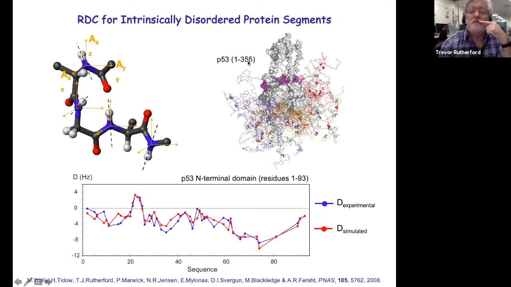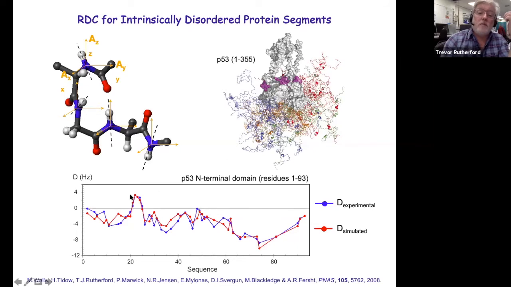It's about 355 amino acids as a full length protein. It has 4 different subunits here. We have modeled 20 different chains for each of the 4 N-terminal segments that have residual intrinsically disordered structure, and it shows the degree of disorder in there.